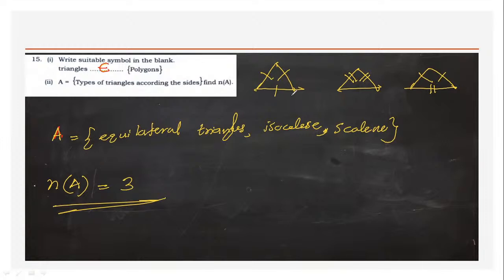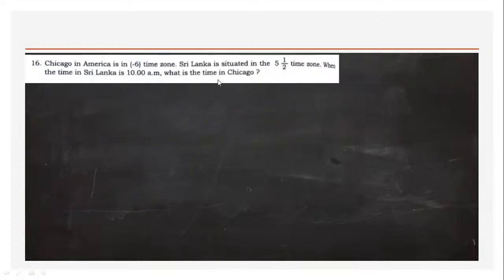Next one, question number 16. Chicago in America is in the -6 time zone. I am going to explain time deeply during the time lesson. Then Chicago, if I write, that is the -6 time zone.